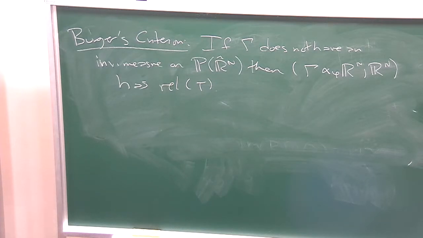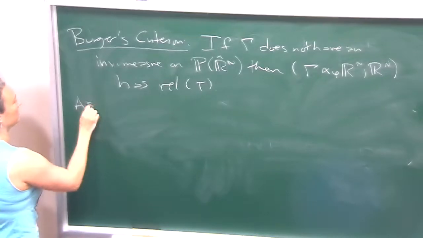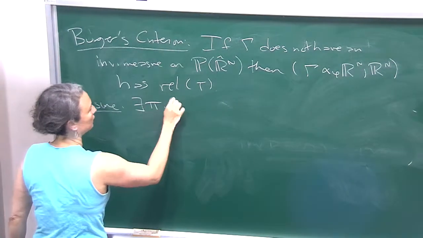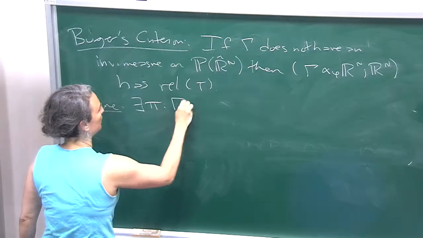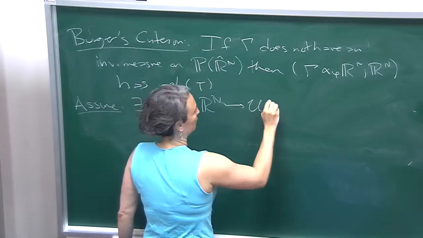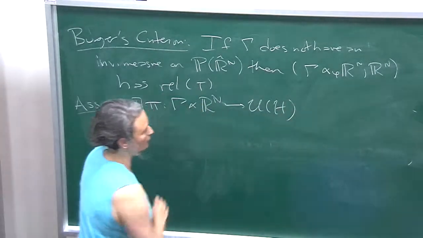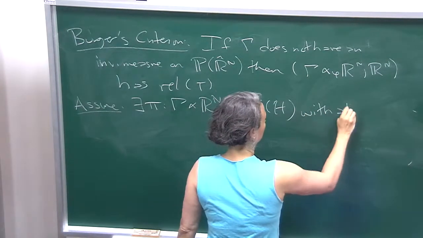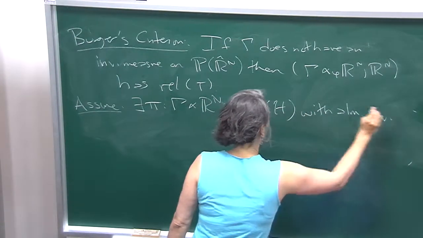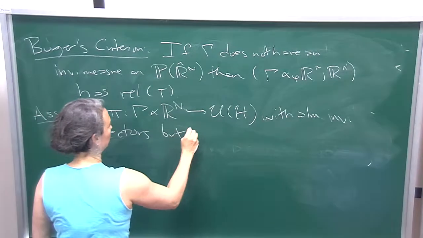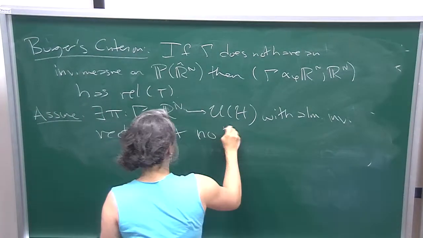And I guess it was really a proof by contrapositive. We assumed that there was a pi from gamma semidirect product R^n to the unitaries with almost invariant vectors, but no R^n invariant vectors.